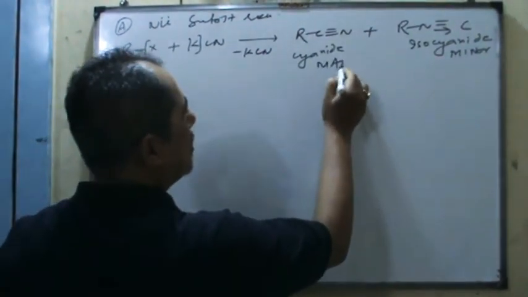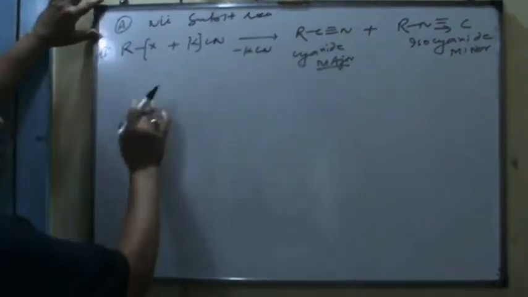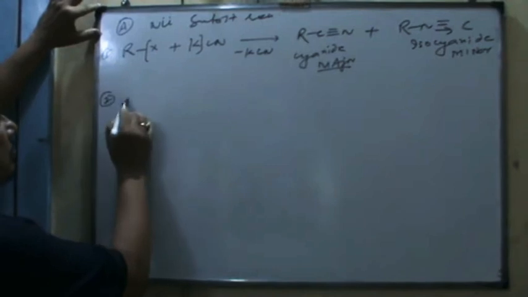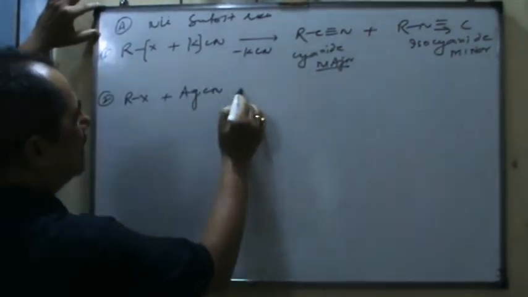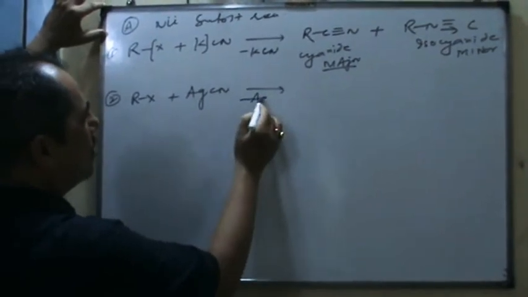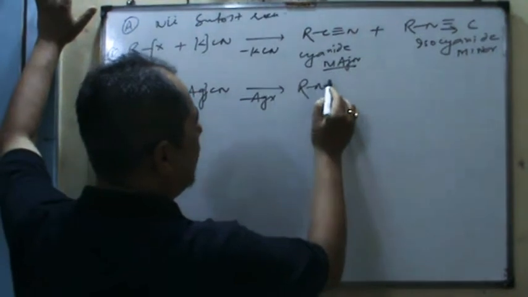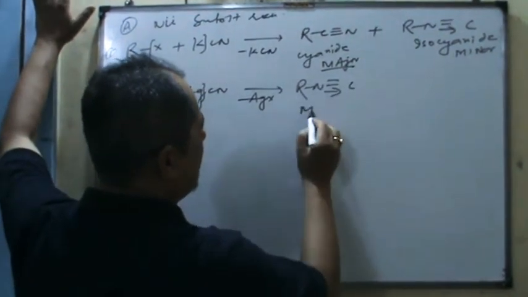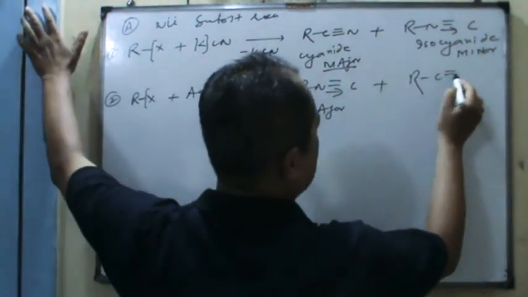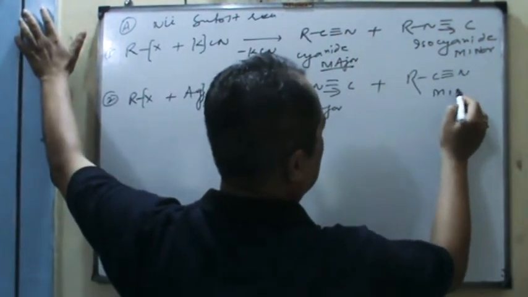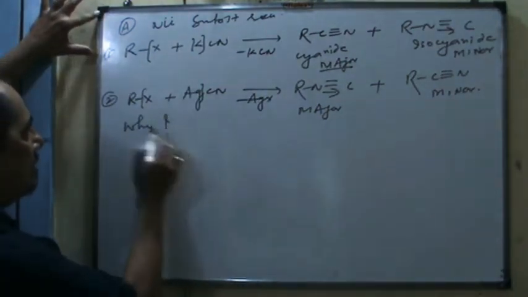Minor, and this is major. Why? Similarly here, alkyl halide when reacted with silver cyanide forms isocyanide as a what product? Major product, and cyanide as a what product? Minor product. The question is why it happens like this?